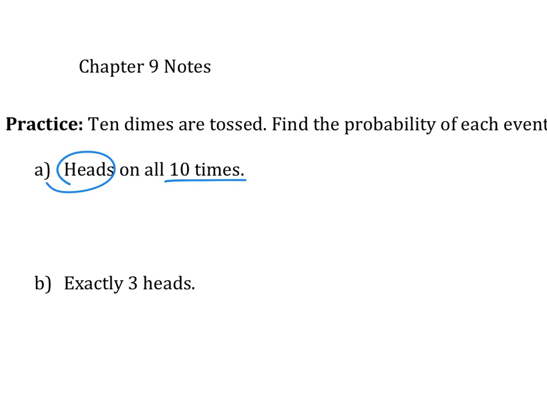So in this case, you want heads. What is the probability of getting heads? What is the probability of getting tails, which is considered failure in this case because it's not what you want? And n is going to be 10 because you're tossing it 10 times.